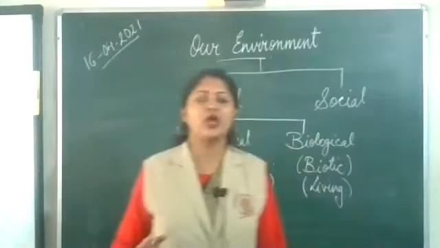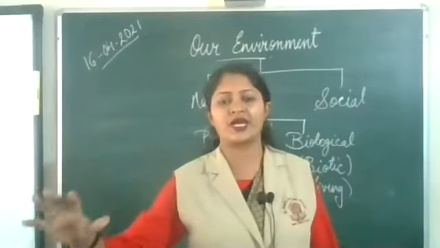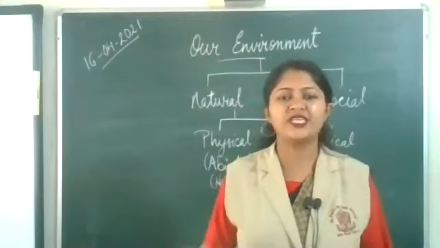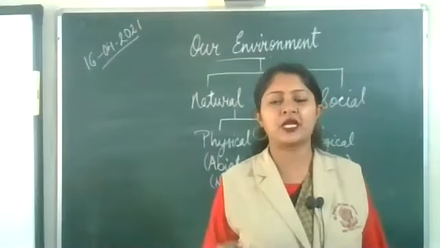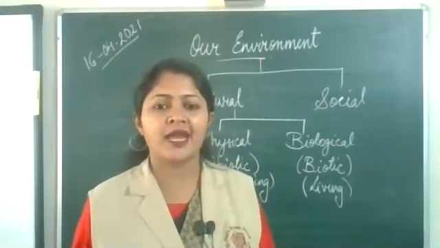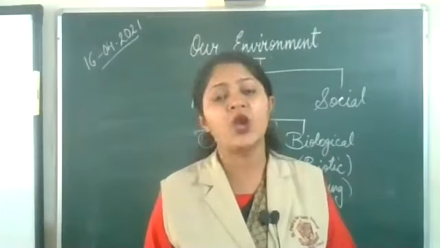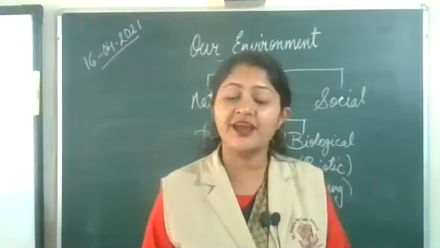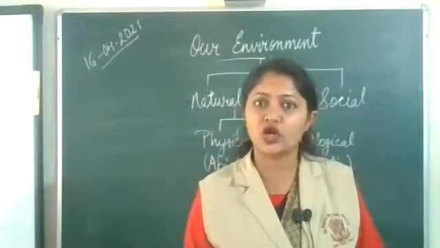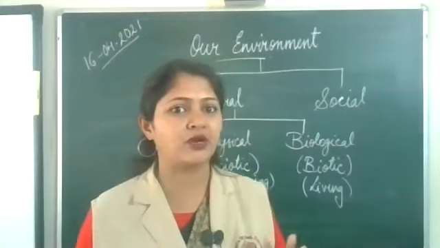And I told you we can bifurcate them into two kinds: natural environment and social environment. We spoke about the abiotic components, that is the non-living components of the environment. And quickly, we spoke about temperature, soil, water, air, wind, and light. Do you all remember what we had revised last time?